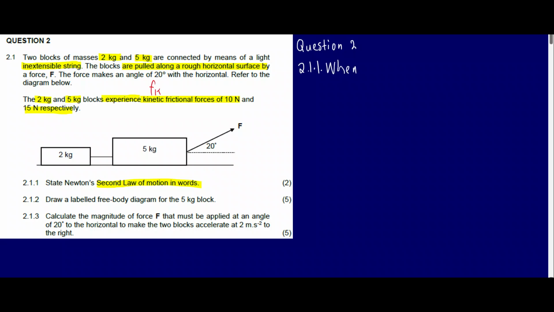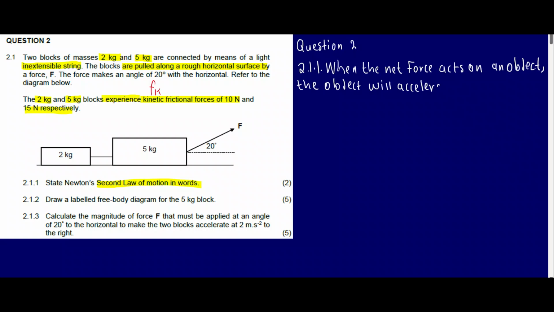It states that when the net force acts on an object, the object will accelerate in the direction.